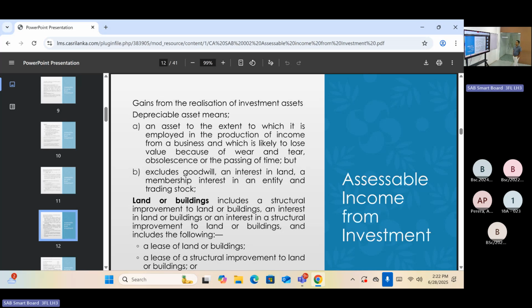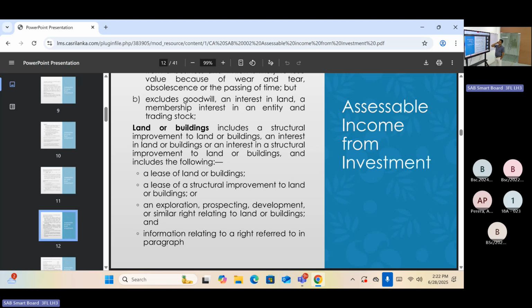Right? So what is meant by land or building? It says land or building includes a structural improvement to the land or building, an interest in a land or building or an interest in a structural improvement to the land or building, and includes the following: a lease of a land or building, a lease of a structural improvement to the land or building.